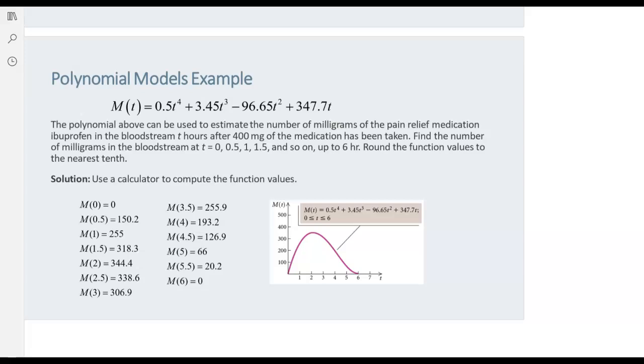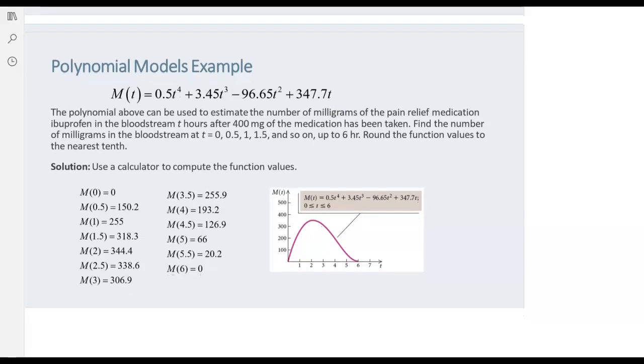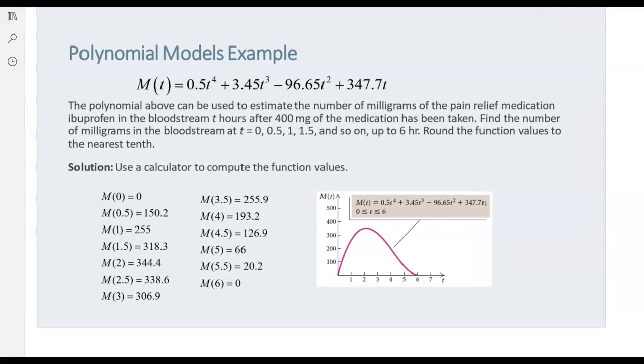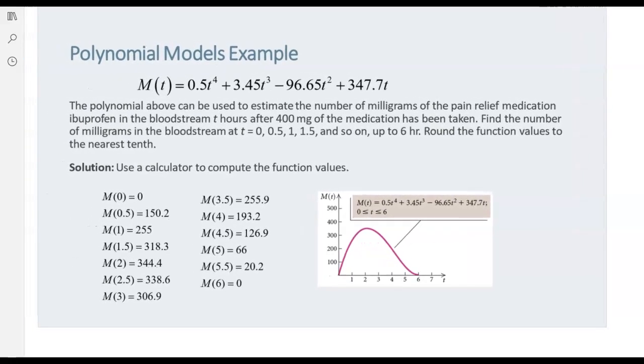In this example, we're looking at a complex polynomial that is estimating the number of milligrams of pain relief medication in the bloodstream T hours after 400 milligrams of the medication is taken. You can see looking at the graph that there's an increase up to about 2 hours.